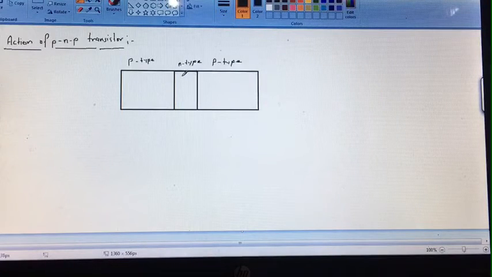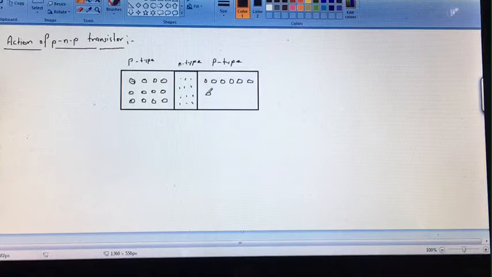Now the charge carrier here will be electron, and in this region it will be hole, and a few electrons will also be here as a majority charge carrier.